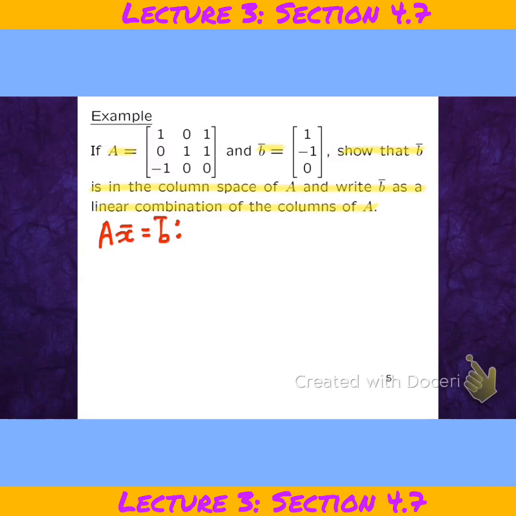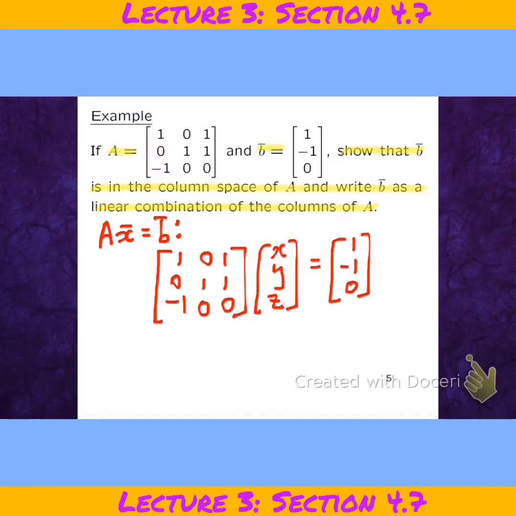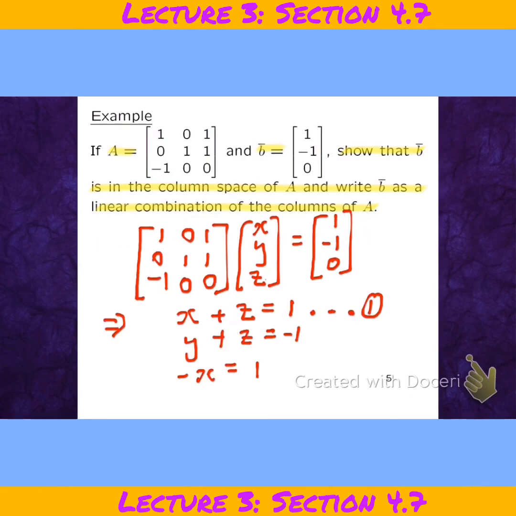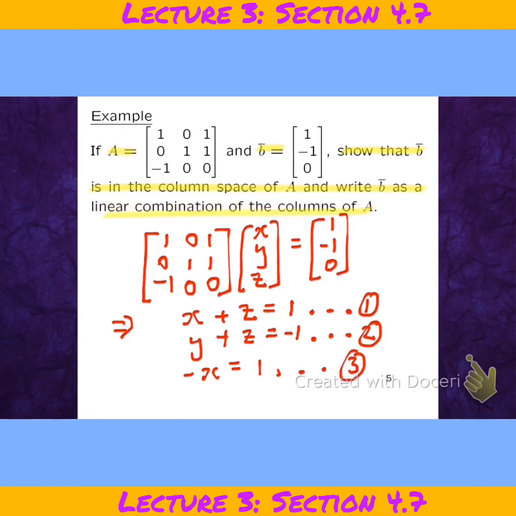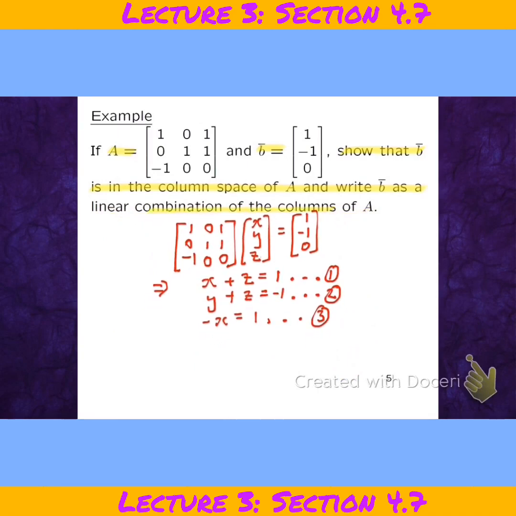Alright, so Ax equals b translates into my linear system that I need to solve, and that can easily be done. From that we get a system of three equations. From that we can solve our linear system as x is -1, z is 2, and y is -3.